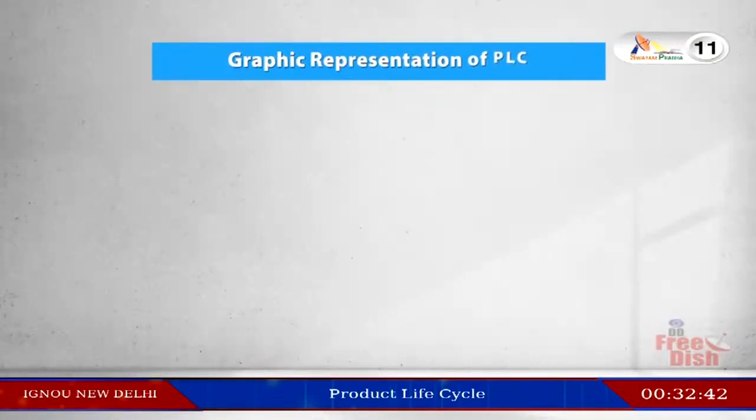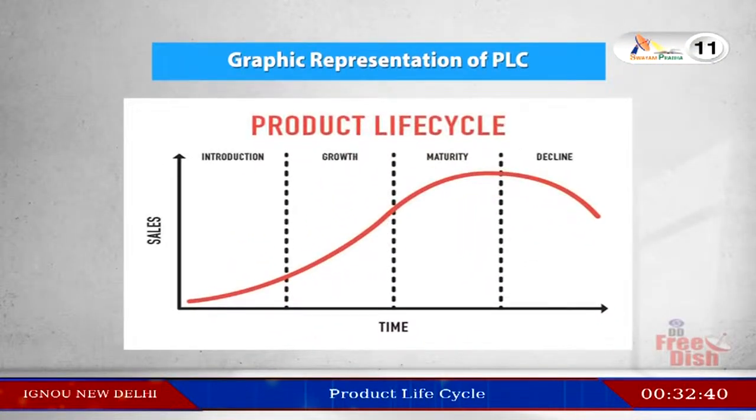So if you try to see the product life cycle concept in a graphical representation, you will see it like this, which you can see on the slide behind me, right? In the introduction stage, sales are rising. It is being accepted in the market. In the growth stage, the sales are rising, the demand for your product is increasing at an increasing rate. At maturity stage, it is increasing, but not at that rate.